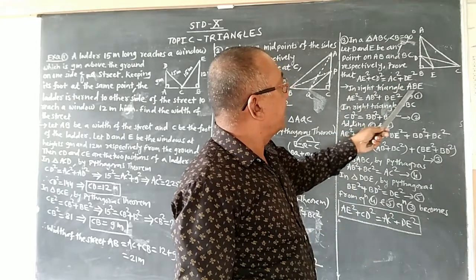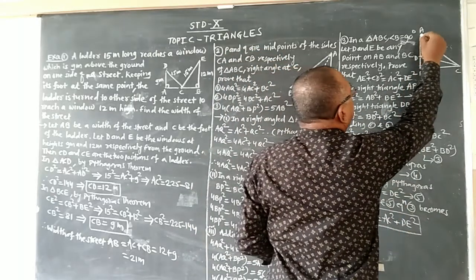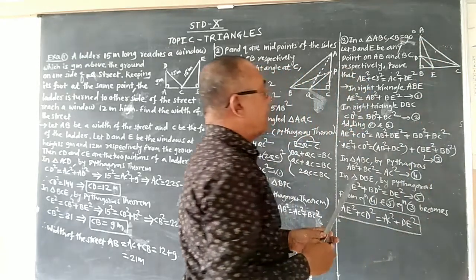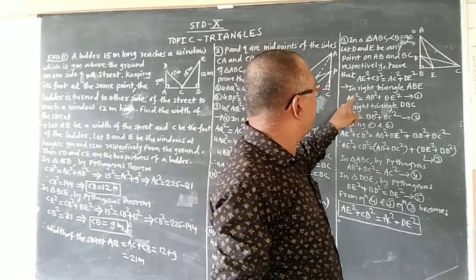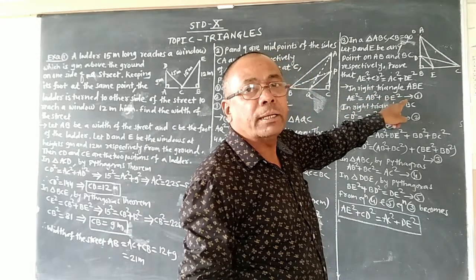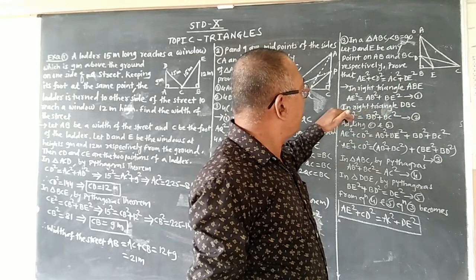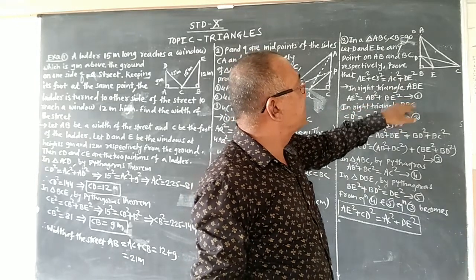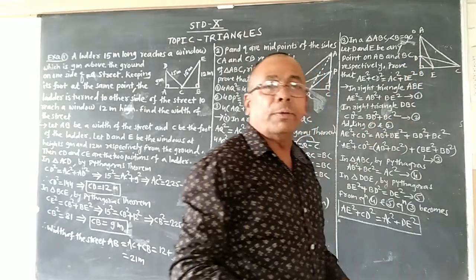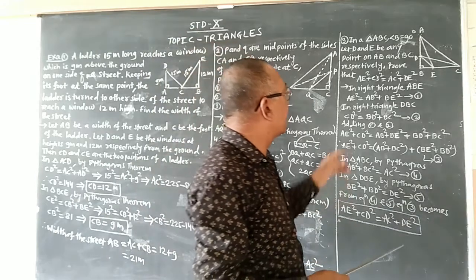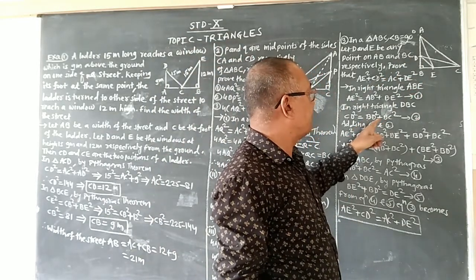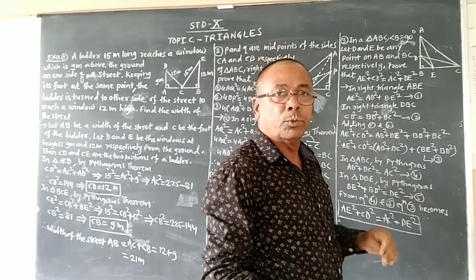Now in a right angle triangle ABE, we will consider first ABE, and applying Pythagoras theorem, we will get AE square is equal to AB square plus BE square, equation number 1. Now in a right angle triangle DBC, we will apply the Pythagoras theorem. We will get CD square is equal to DB square or BD square plus BC square. This is equation number 2.